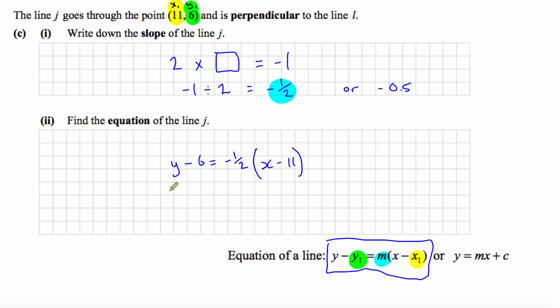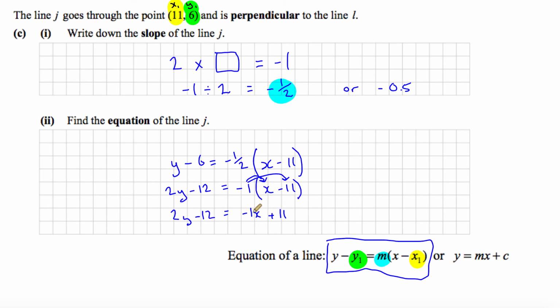That's going to give me 2y - 12 is equal to -1 by (x - 11). That's multiplying everything by 2. So if I multiply out this side now, it gives me -1x + 11, because minus 1 by minus 11 is plus 11. I still have my 2y - 12 over here.